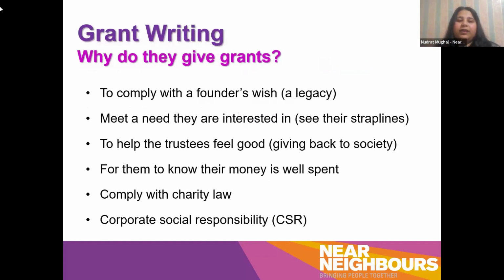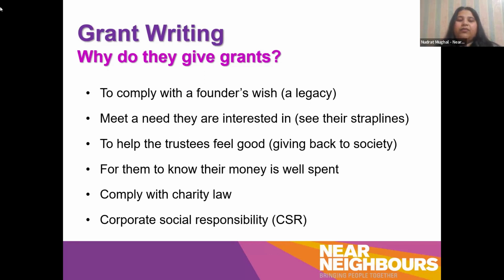To comply with the wishes of the founder, and those grants are called legacy grants. One of the examples is the Tudor Trust, which is money from shares in a construction company called Wimpy's, from Sir Godfrey Mitchell.